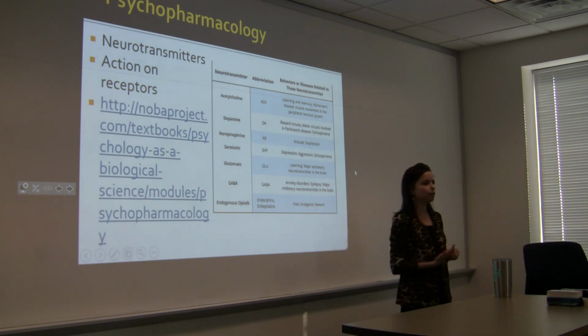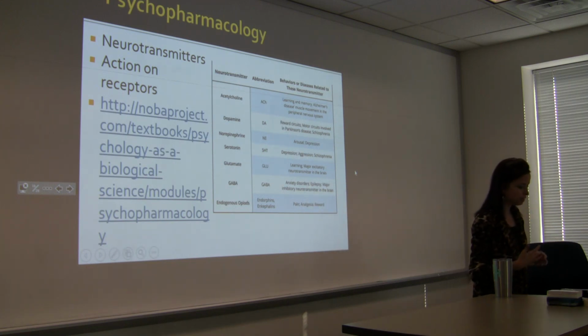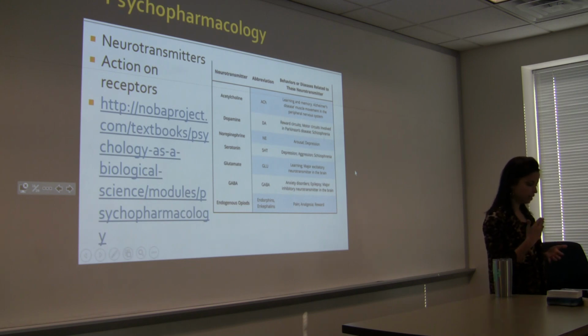Glutamate is an excitatory neurotransmitter, which is involved in anxiety, learning, and being able to memorize large amounts of information. So you're probably utilizing glutamate right now, and it's exciting, and it's an excitatory neurotransmitter. GABA is gamma-aminobutyric acid.